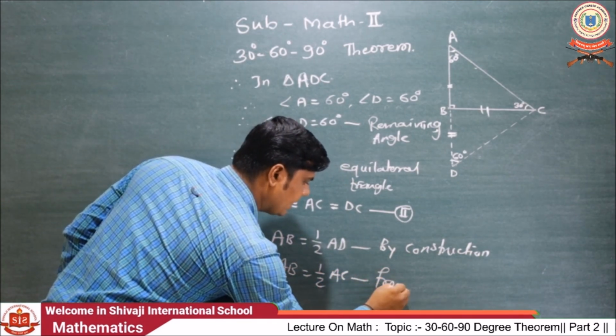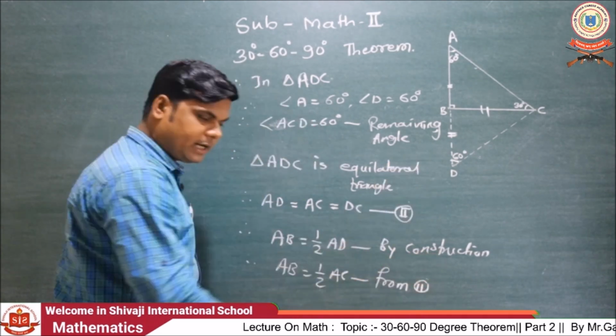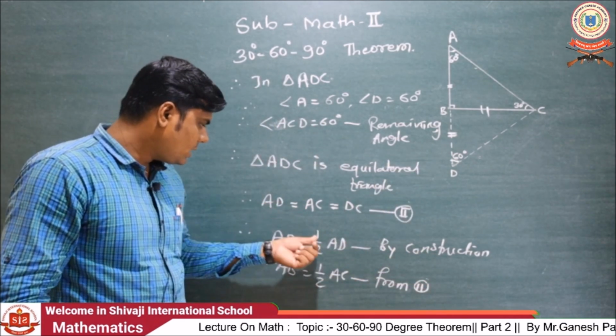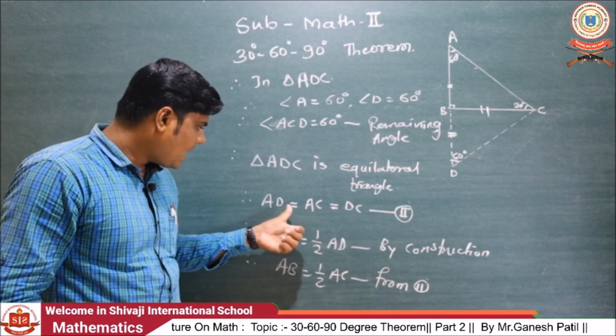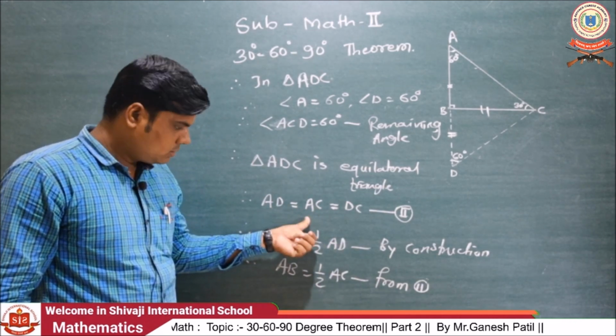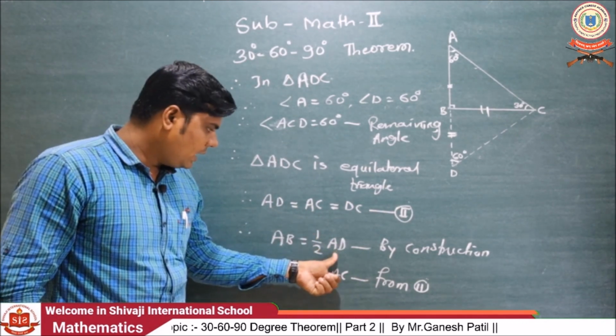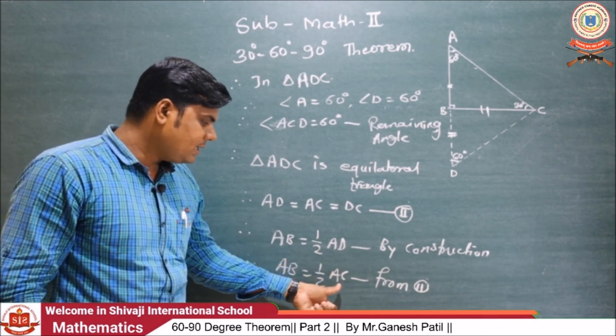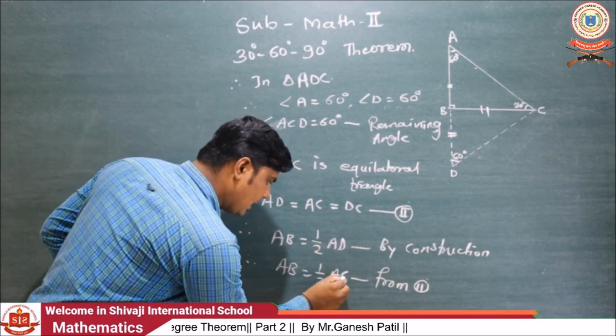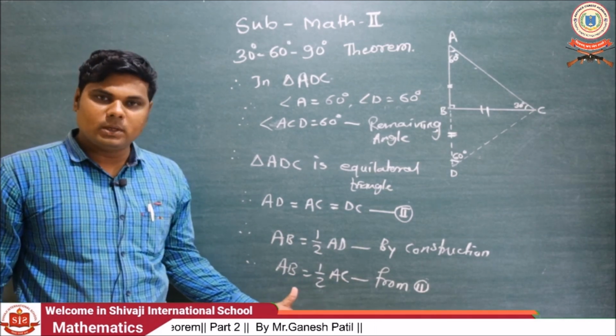From second, means from equation 2, AD and AC both are equal. That's why we can write AC instead of AD. See, this is the proof number 1.